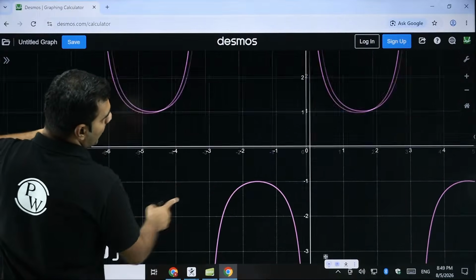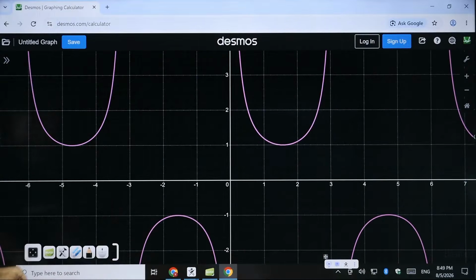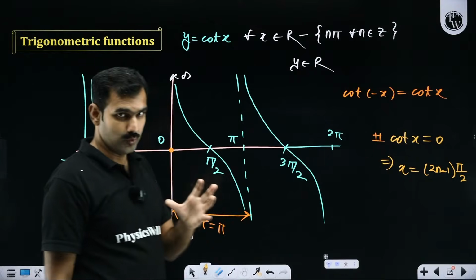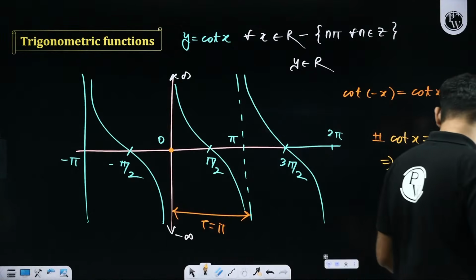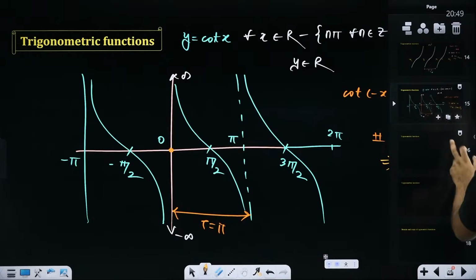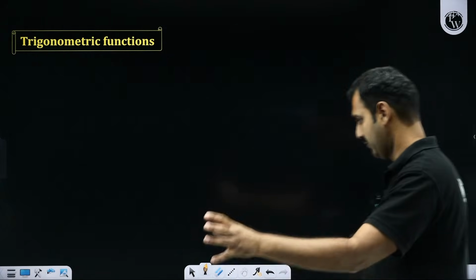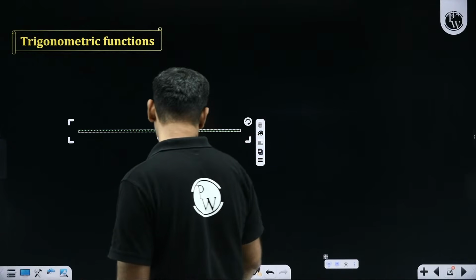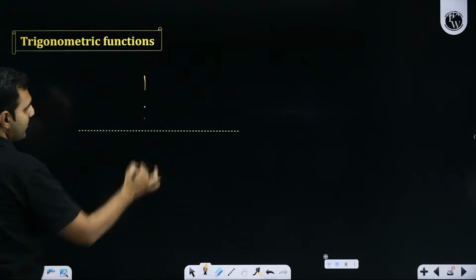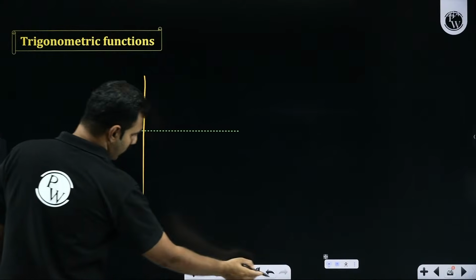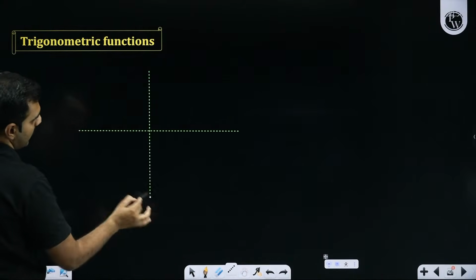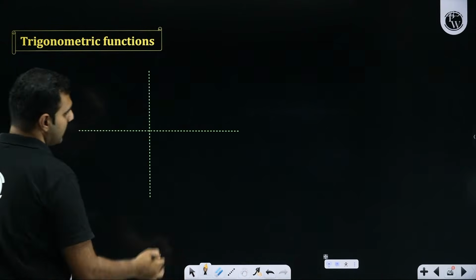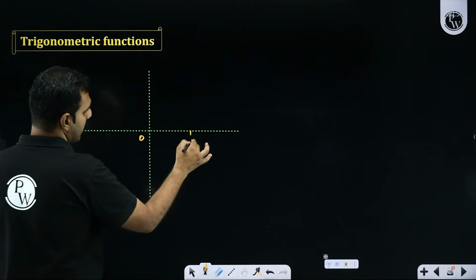I'll try and help you out with the graph of sine first. I hope I have given you a clear idea, but this still looks confusing. So let me help you out with a better idea. Can you help me with the graph of sine? Yes, we can. How does the graph of sine look? If I just locate a few things, this is 0, let's say this is pi.